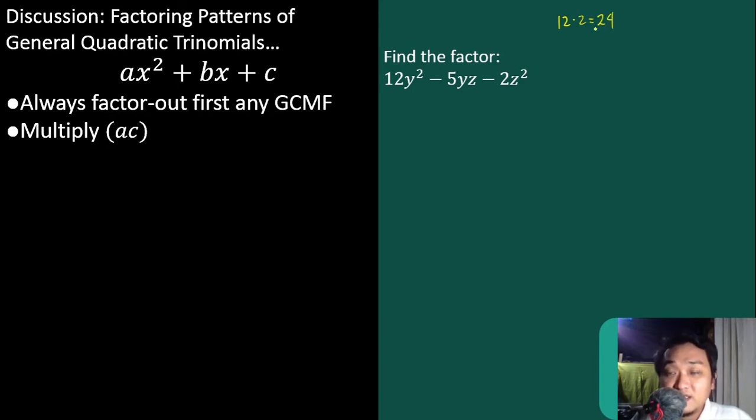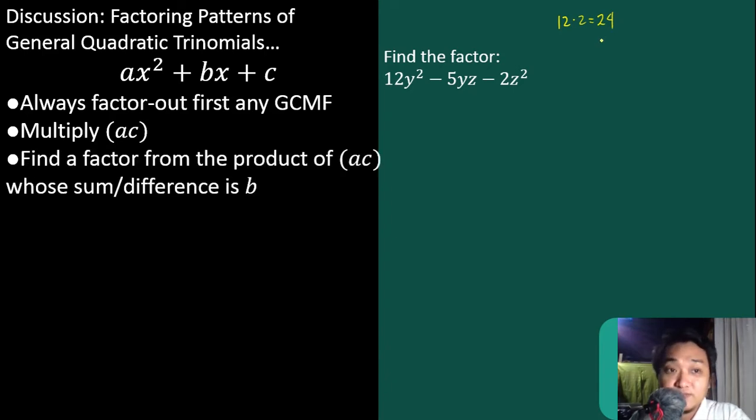And the fact na 24 siya, kukunin natin yung factor ni 24 that will result to the middle term. So ang pinakamagandang gawin dyan is kunin natin yung mga prime factors ni 24.